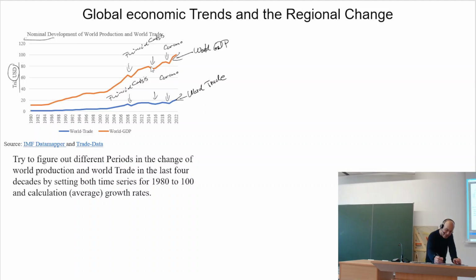So in the nominal data here, we had also a loss in GDP, but this was no real loss. This was only a loss due to the case that the US dollar depreciates against more or less almost all other important currencies in the world.